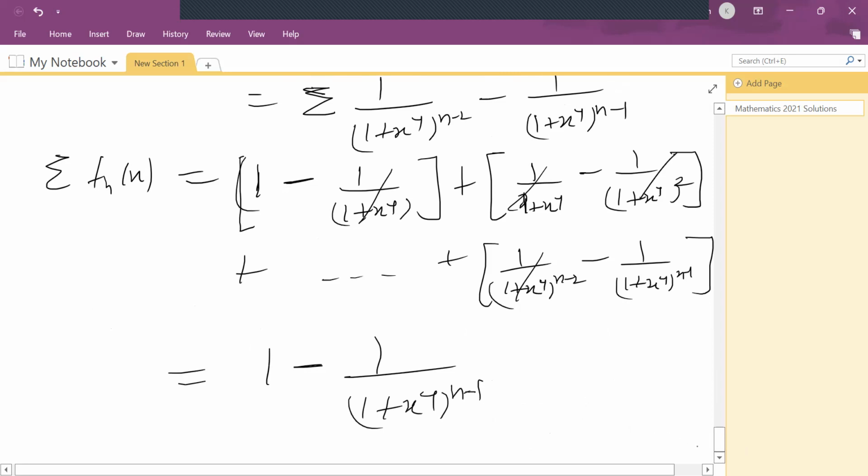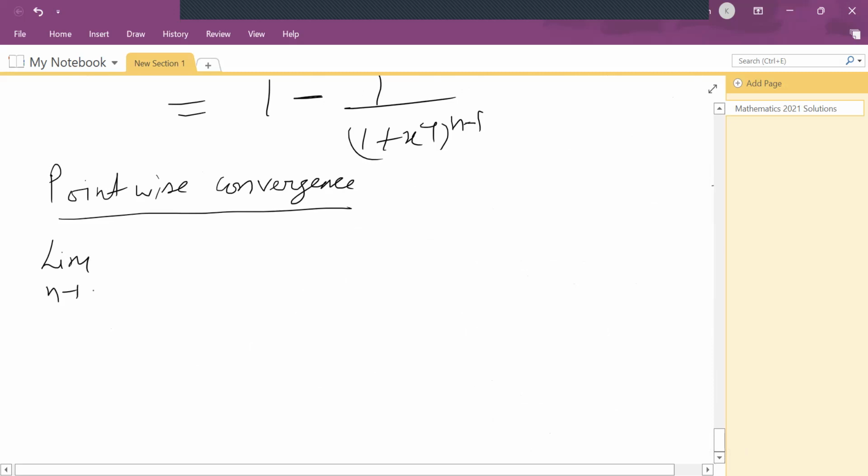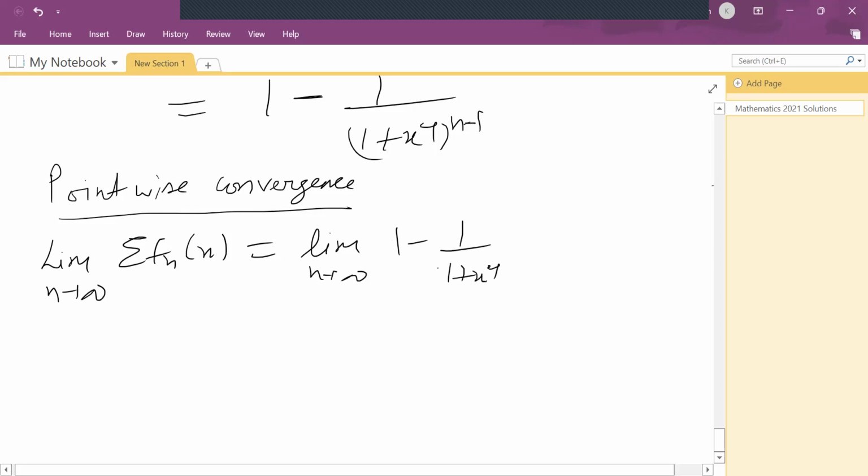Now let's check the pointwise convergence. At every point, limit n tends to infinity of sigma f_n(x) is equal to limit n tends to infinity of 1 minus 1 by (1 plus x^4)^(n-1). x^4 is a positive term, so 1 plus x^4 is greater than 1.